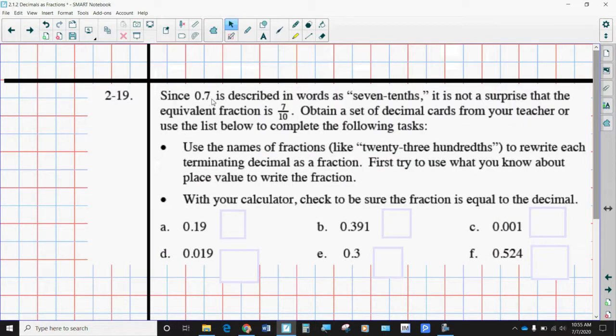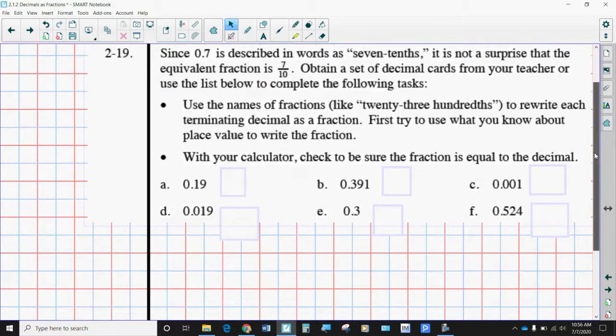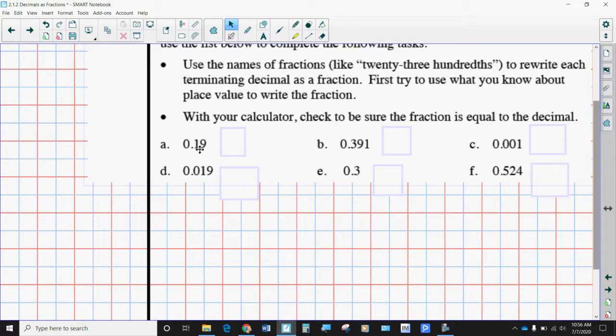Okay, so since 0.7 is described as 7/10, it's not a surprise that the fraction equivalent would be 7/10, right? Obtain a set of decimal cards. No, you're not doing that. Let's just jump right down to here. First of all, write down each one of these numbers and say their name. And remember, when you say their name, you say the number, and then you identify the place that the last digit is in.